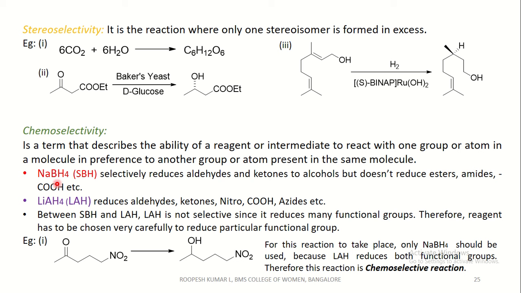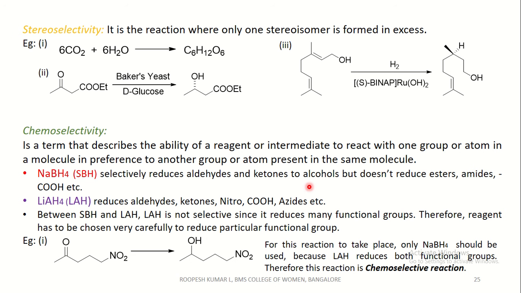Sodium borohydride selectively reduces aldehydes or ketones to alcohols, but doesn't reduce esters, amides or carboxylic acids. Whereas lithium aluminum hydride reduces aldehydes, ketones, nitro groups, carboxylic acids and so on.